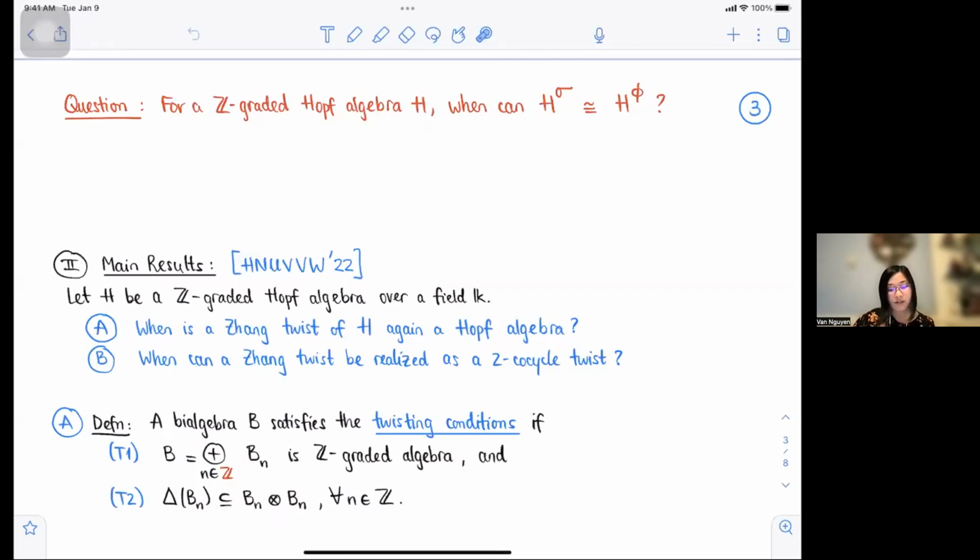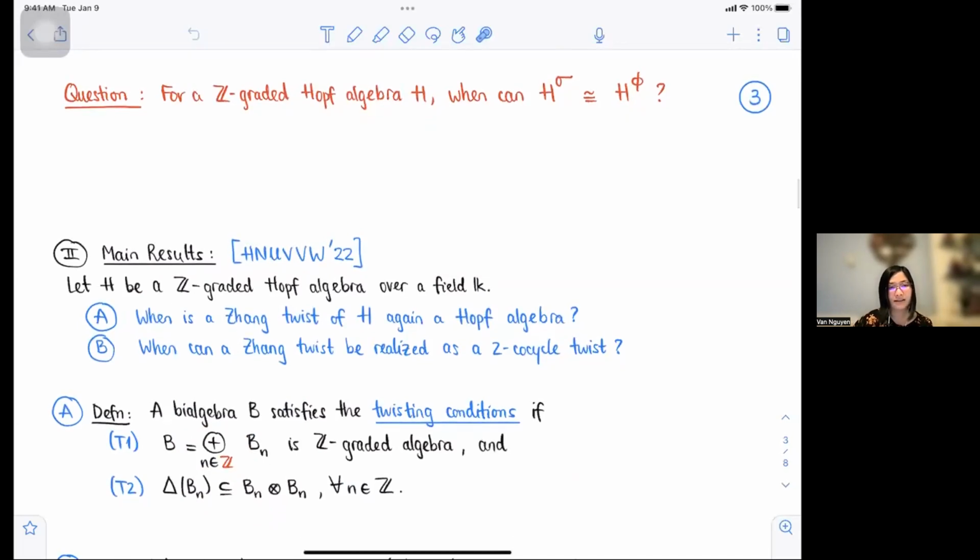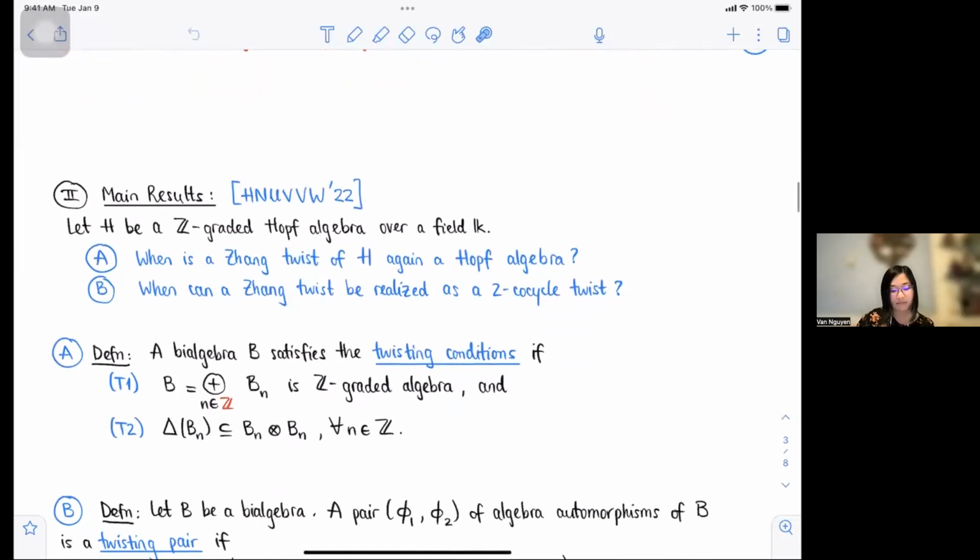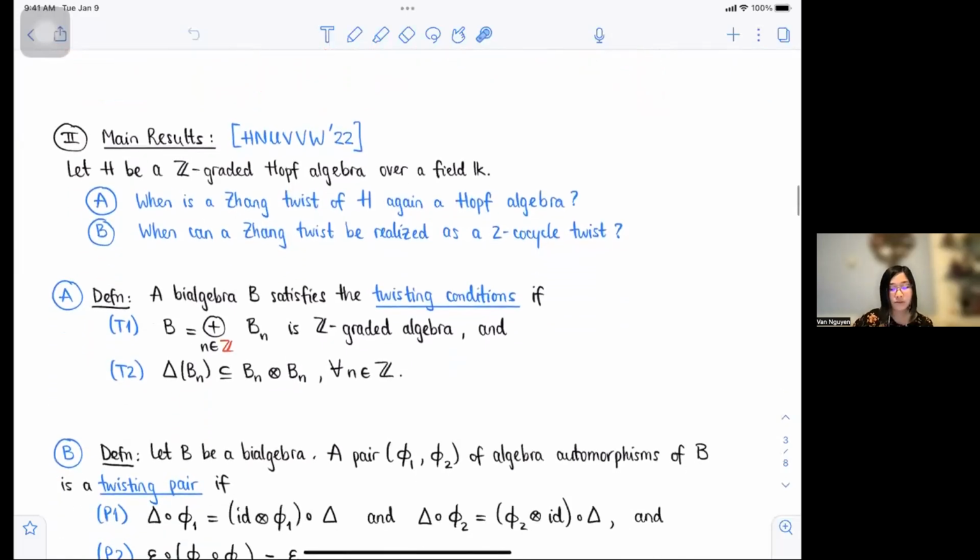We show that if a bialgebra, in particular a Hopf algebra, satisfies the twisting condition, then the Zhang twist still satisfies the twisting condition, and it is again a Hopf algebra. So that's the answer to question A. I'm not going into the details of the proofs, but that's basically the idea. So this condition is quite useful.